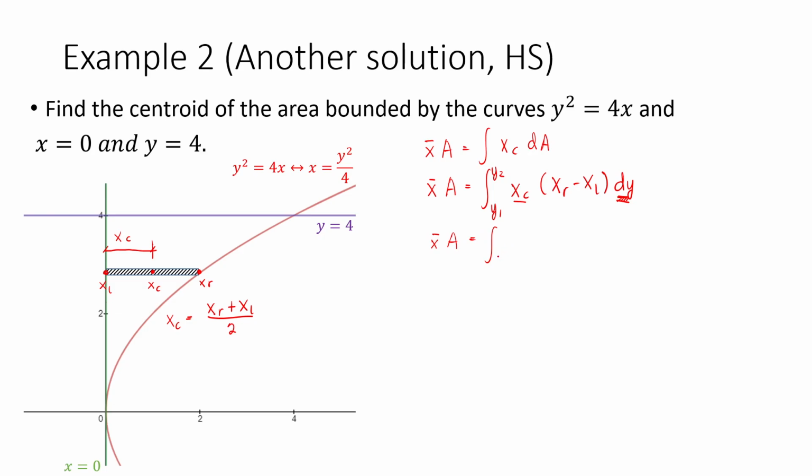So this becomes y sub 1 to y sub 2, and then x right plus x left all over 2, then x right minus x left dy.